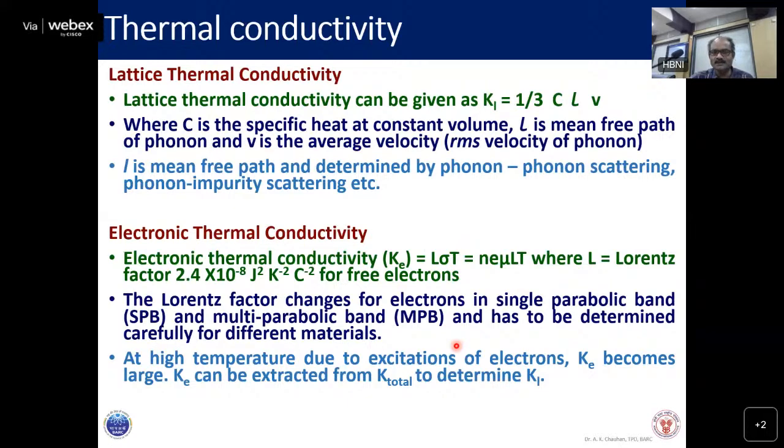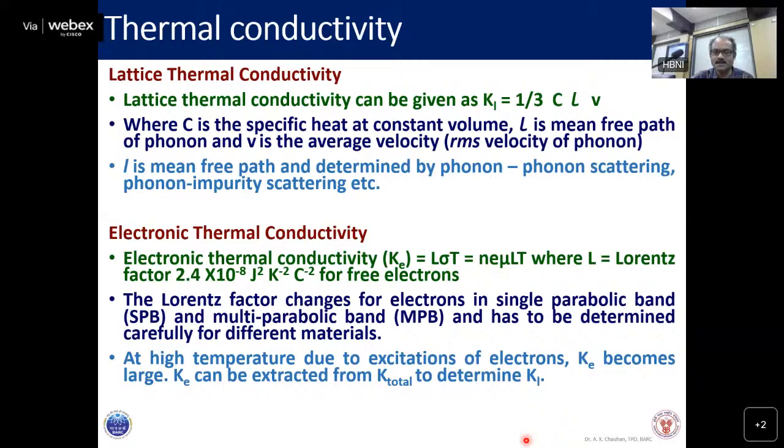It can be given by L sigma T, which is L N e mu T, where L is the Lorentz number, which is 2.4 times 10 to the power minus 8 for free electrons. The Lorentz number for electrons in a single parabolic band and multi-parabolic band has to be determined carefully for the different materials.